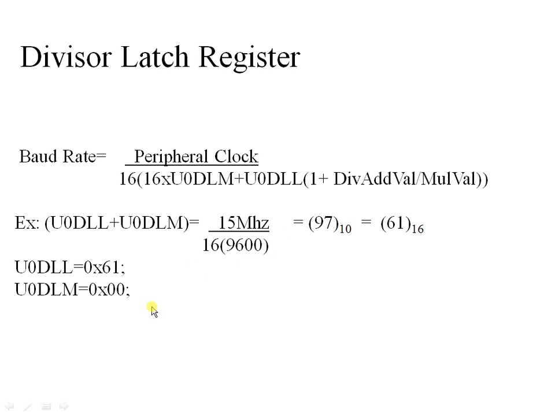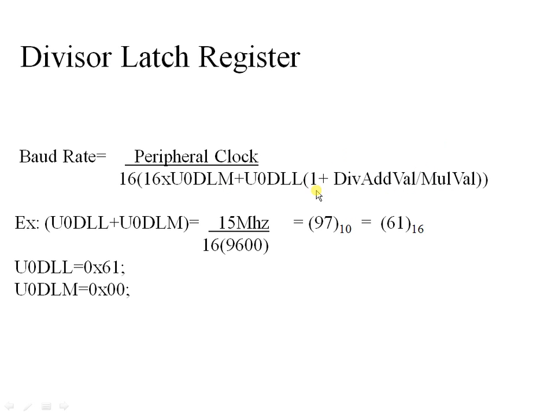Now if you perform reverse engineering on this, assume that we know the values of DLL and DLM, but we don't know for what baud rate we are calculating. We know the peripheral clock, DLM as well as DLL, and assume again the divide val and mul val as 0.